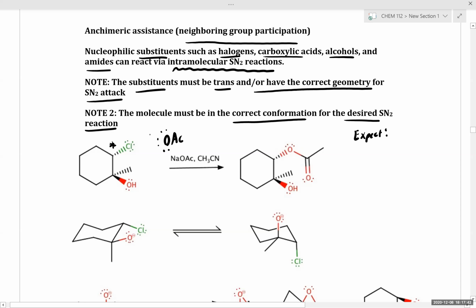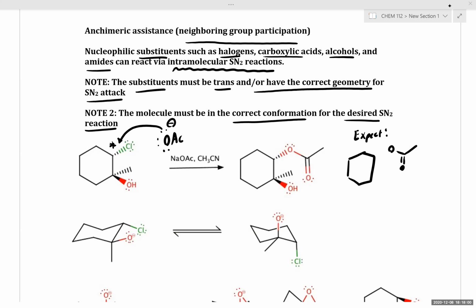If we start with a dashed chlorine and we have an Sn2 reaction with the nucleophile acetate, what product would we expect? What would we expect for our stereochemistry for the newly installed acetate substituent? Would we expect it to be dash or wedge using our model of the Sn2 reaction? What would we expect intuitively?